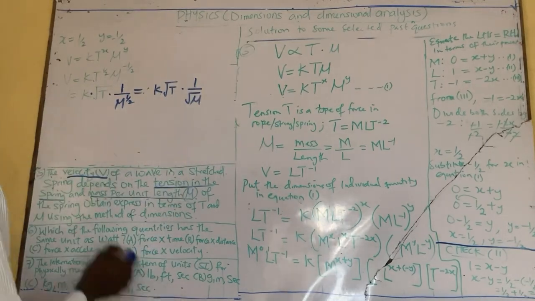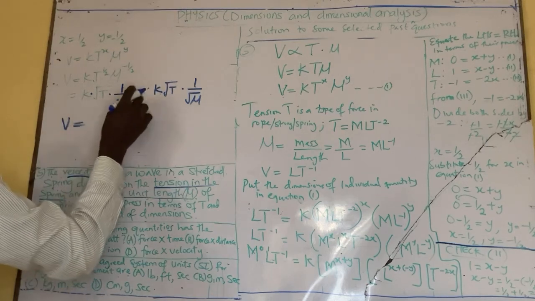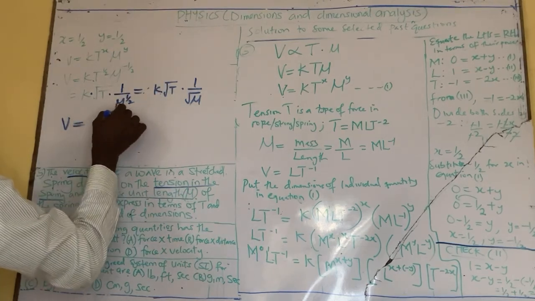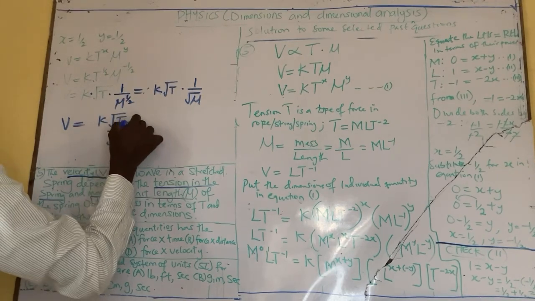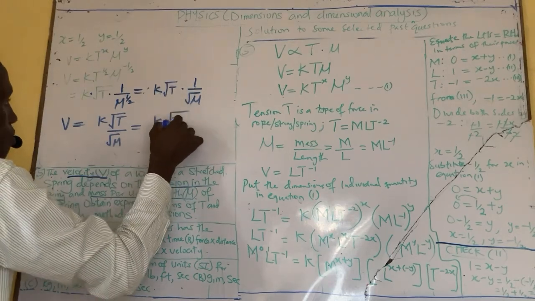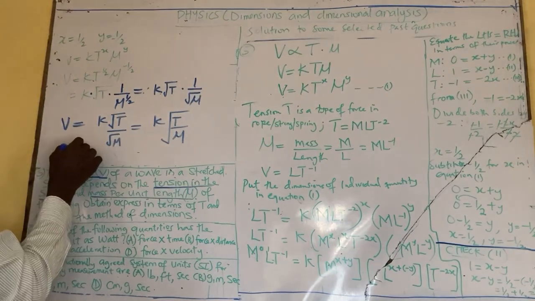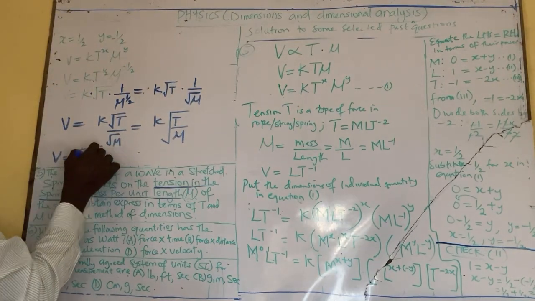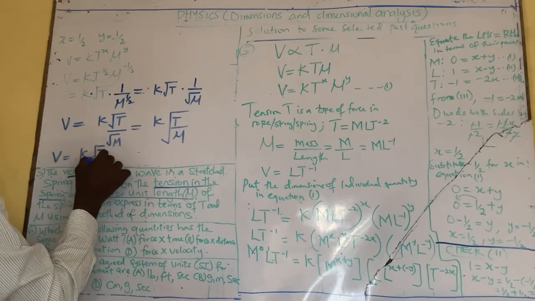So with that we can now say v is equal to k times this one, it will be k root t all over root mu. So that's the final expression. The final expression is k root t all over root mu.